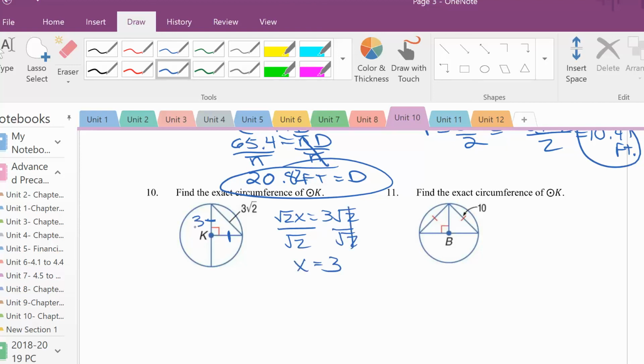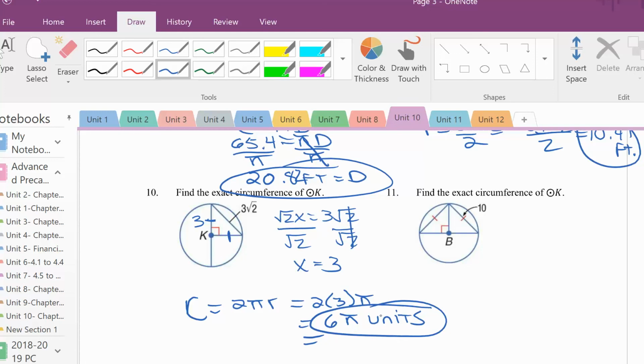So that means the radius is 3. So remember the circumference is 2 pi r. So it's equal to 2 times 3 times pi, which is 6 pi, which is the exact circumference. So it's 6 pi units. Because remember it says exact, so no decimals.